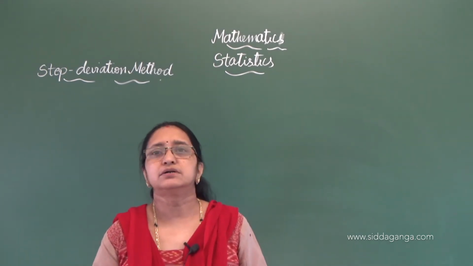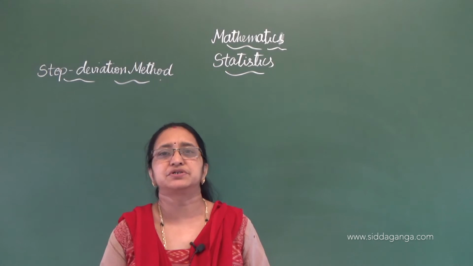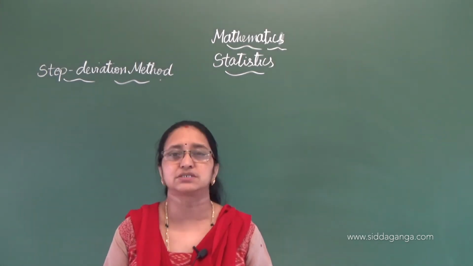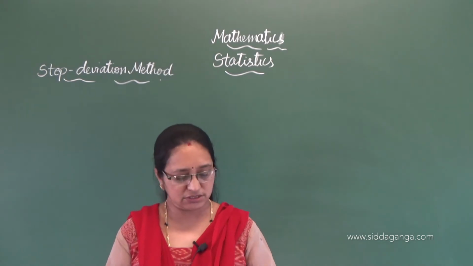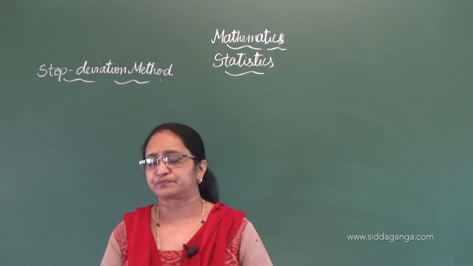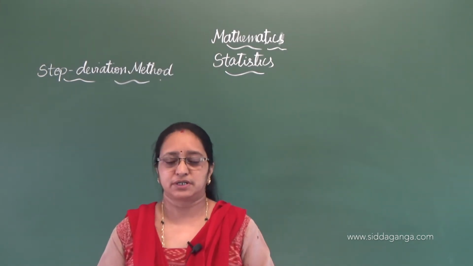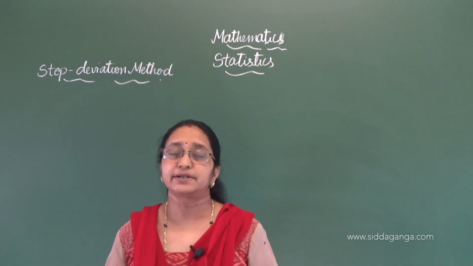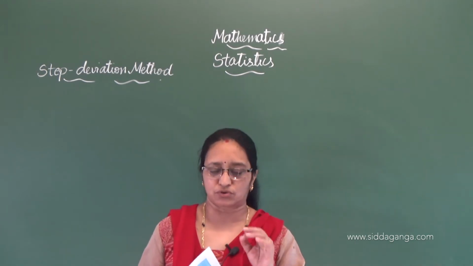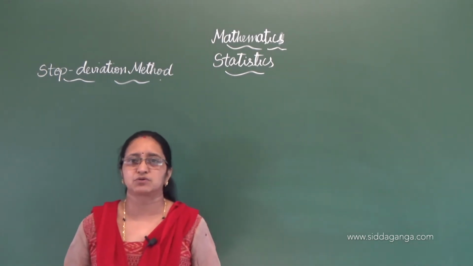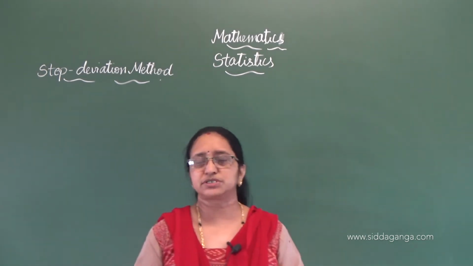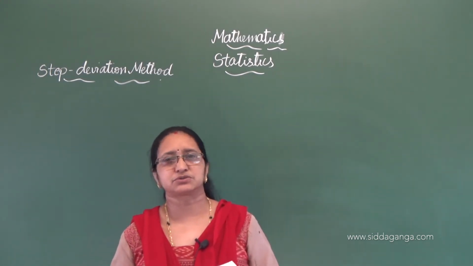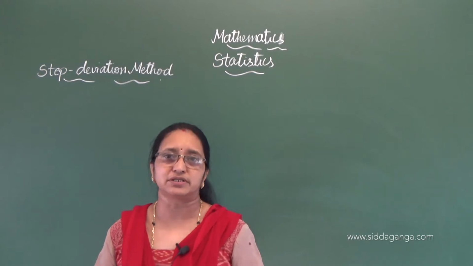Now to teach this step deviation method, I am going to refer to table 14.4 in your textbook, page number 264. I am going to take this example to teach the step deviation method, so you can compare it with the other two methods.